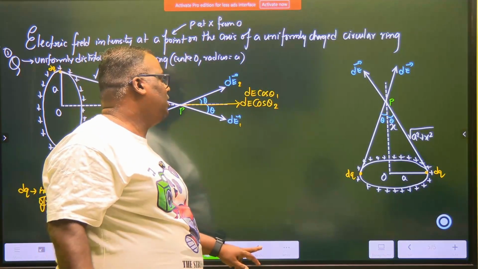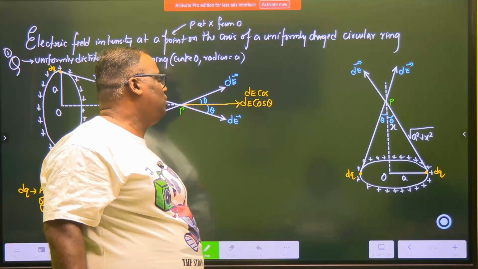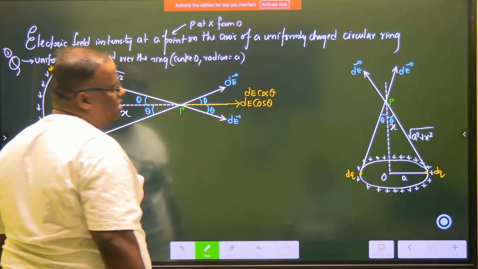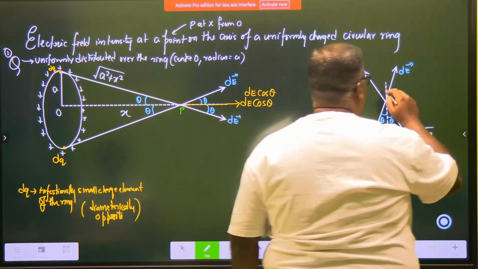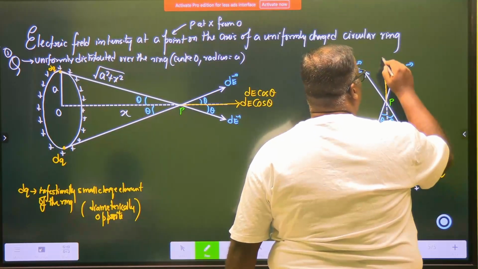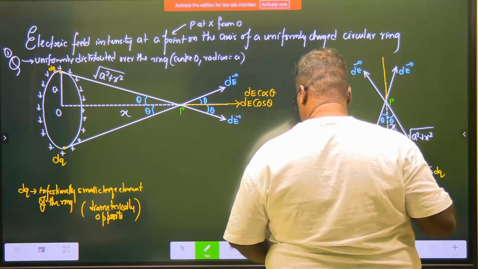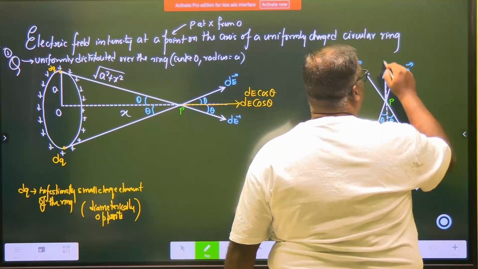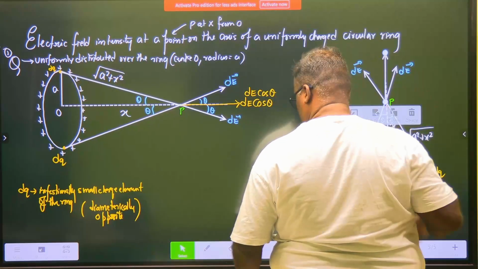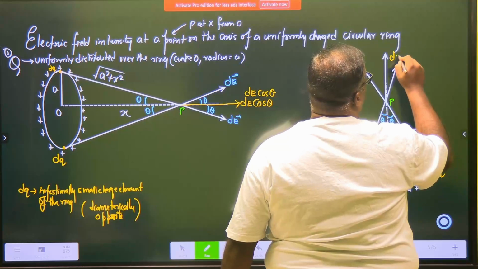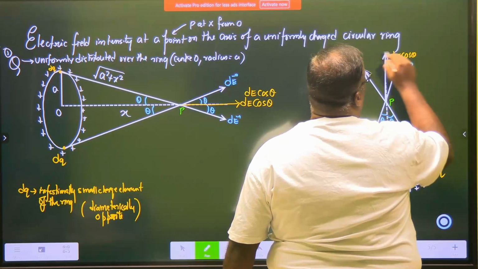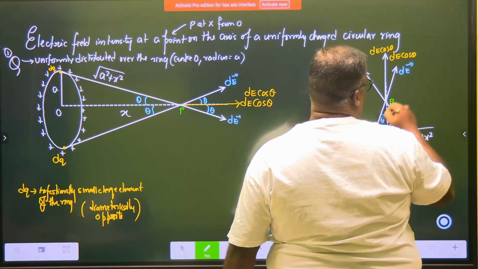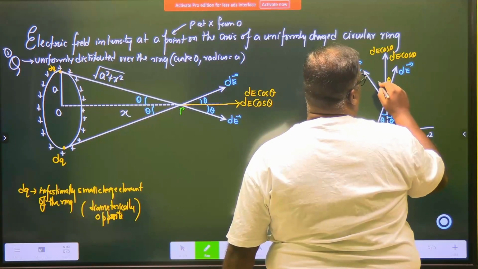But I'm taking away the 1s and the 2s because the values will be the same, because both originate at the same distance and the charge element is the same. So in this diagram, along this I would have dE cos theta, and I would have another dE cos theta, where this angle is theta and this angle is theta.